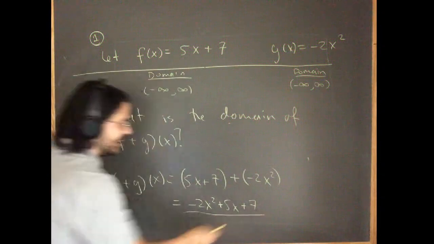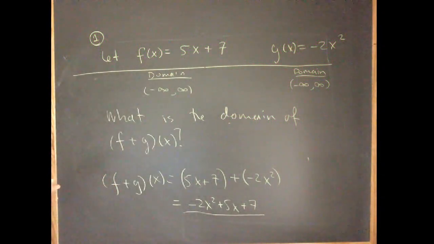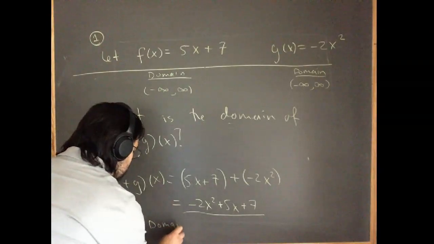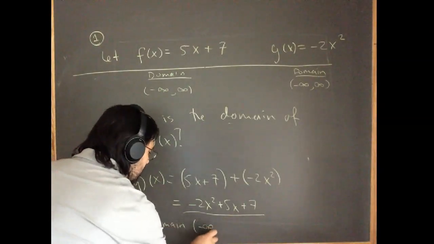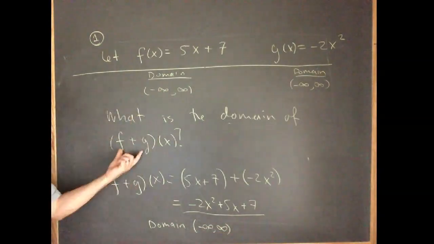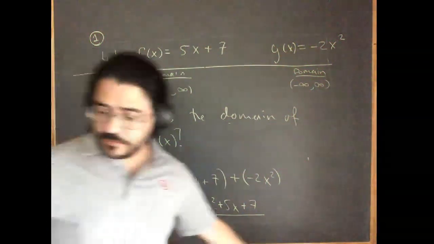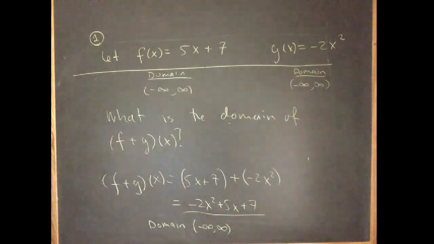And you can see this is a quadratic, so the domain should be negative infinity to infinity, right? Just by domain considerations. But one way to think about it here is it's the stuff where you have to be able to plug into f and you have to be able to plug it into g. So both. Okay. Cool. So that was negative infinity to infinity.